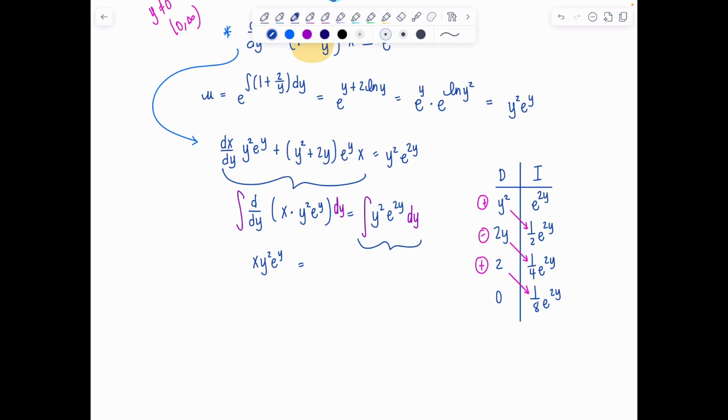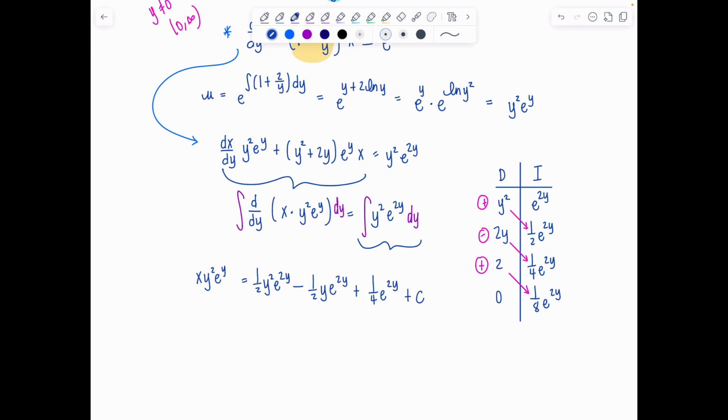So let's see. Probably need to scoot this guy over. 1/2 y squared e to the 2y minus, I'm taking this product now, it'll be negative 1/2 y e to the 2y plus 1/4 e to the 2y.